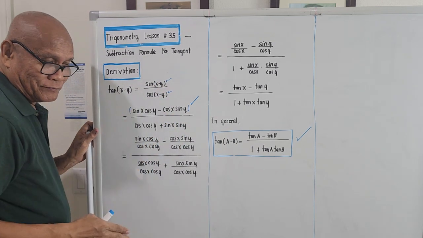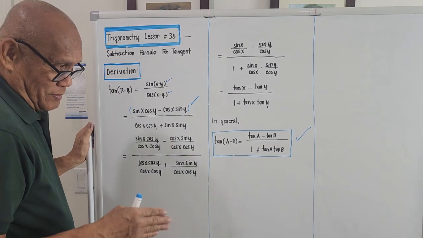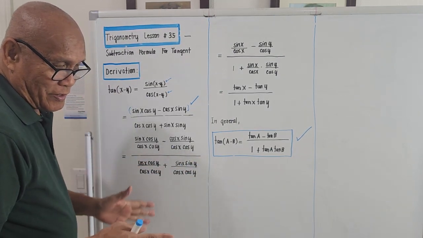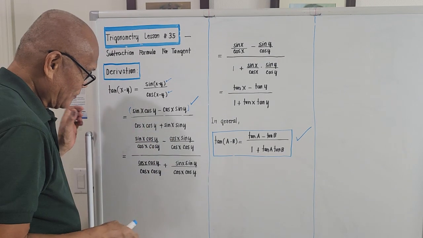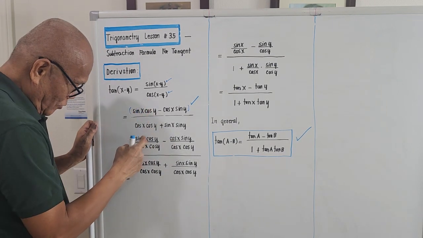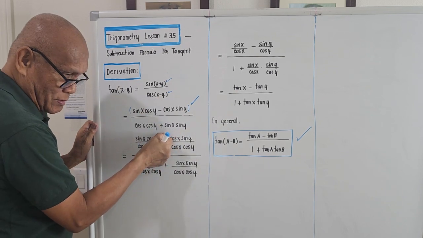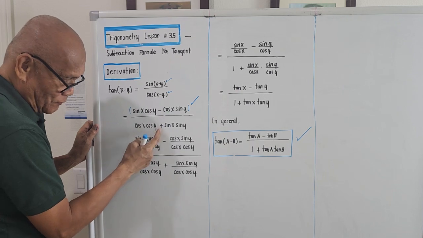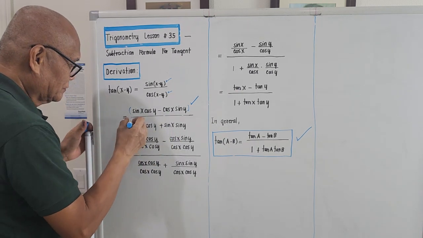For the cosine, I got a code, like what I said, when I taught in the Philippines. That was 33 years ago, and I could still remember it because I got a code on how to remember it. For a cosine, it should be cosine cosine, sine sine. If this is minus, this should be plus. So the cosine of the first angle, cosine of the second angle, plus sine of the first angle, sine of the second angle.